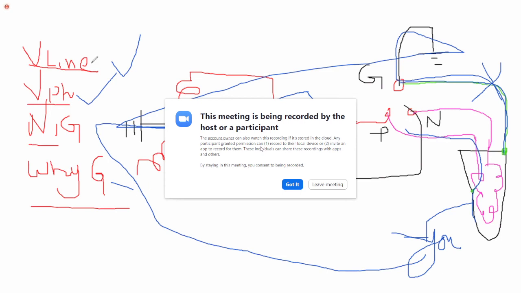Line voltage. I'll just ask a question. Can anybody tell me what is line voltage? 440 volt. Sir, it is R, Y, B, phase 1, phase 2, phase 3. You can say it in simple language: it is voltage between phase and phase. Okay, it is line voltage. What is phase voltage?